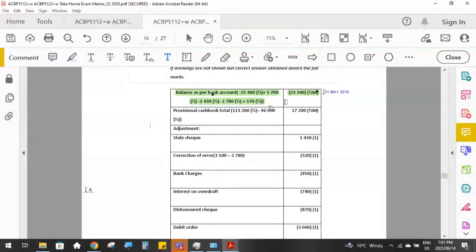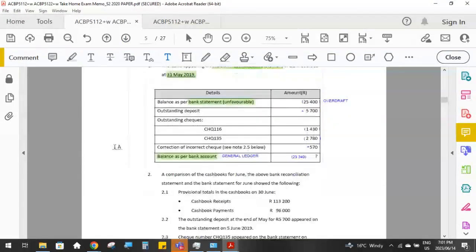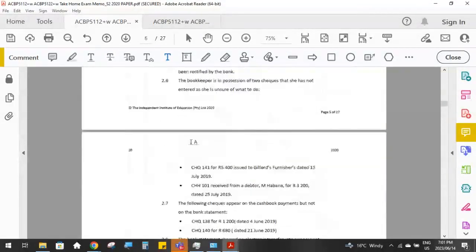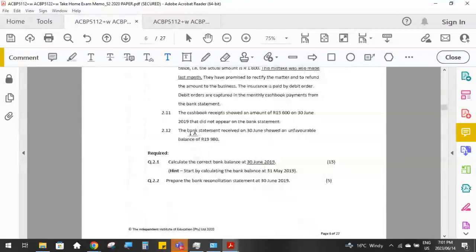In other words, the opening bank account balance for the month of June. Then we've got a bunch of other information. So let's just go down to the required and see what they've asked us to actually do.